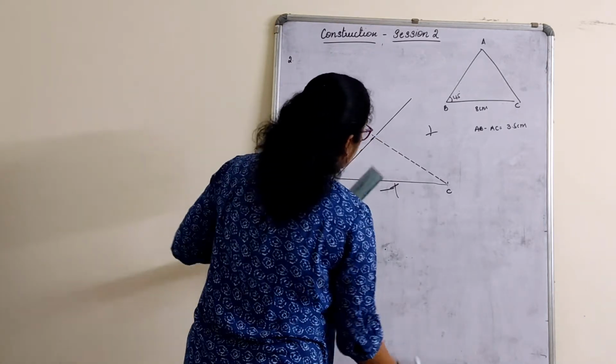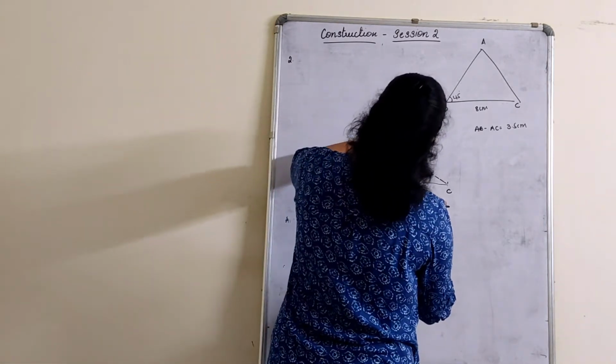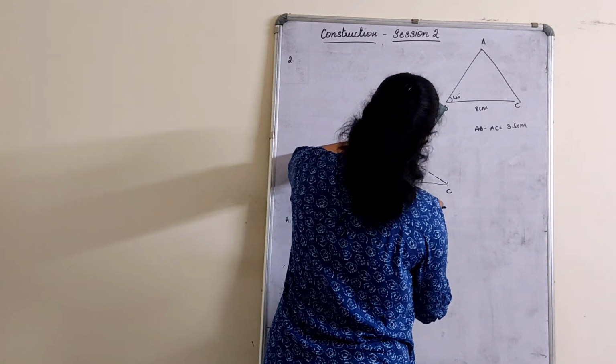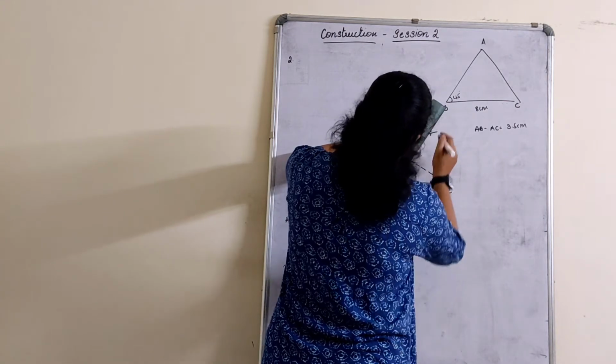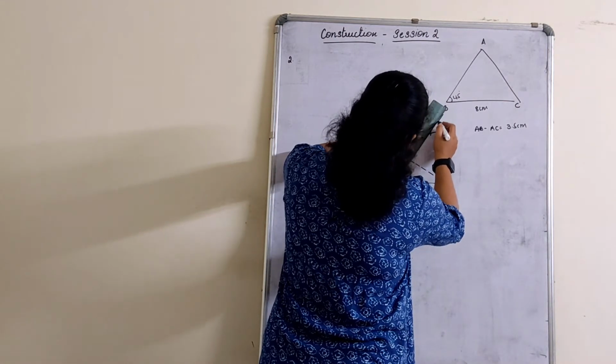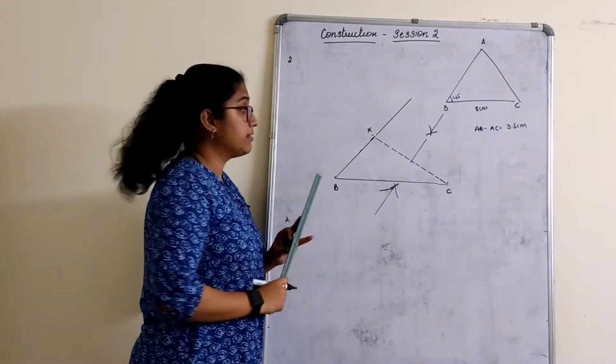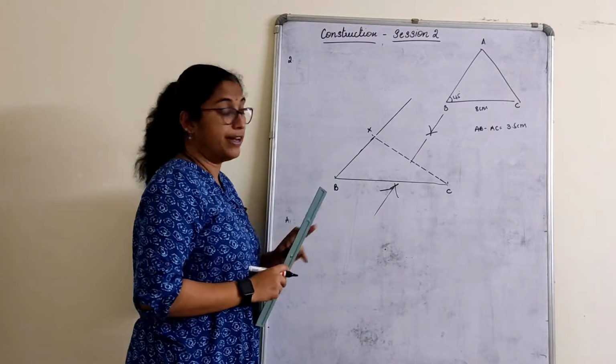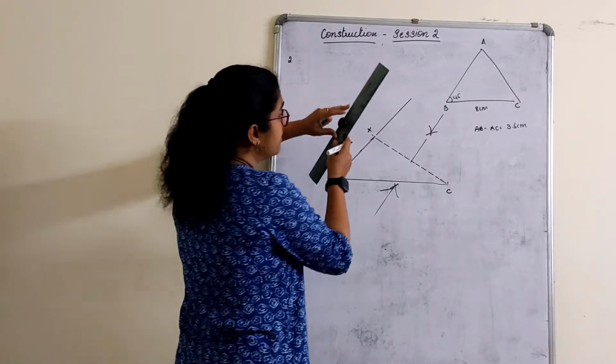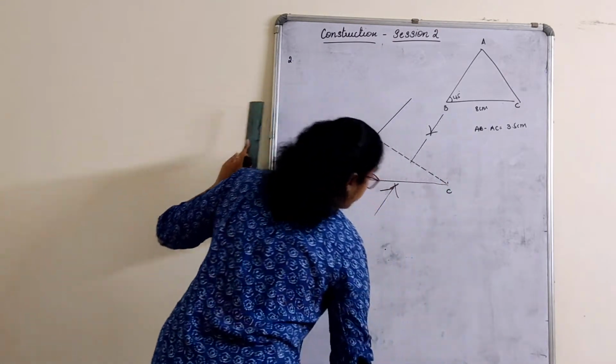Now, what I have to do is here. I have to actually join this dotted line. Now, the thing is, where it has to go and meet? It has to go and meet this triangle line. I will rub this, children.